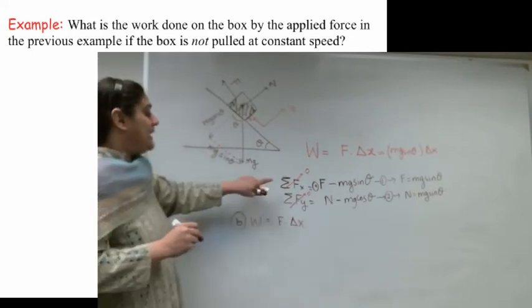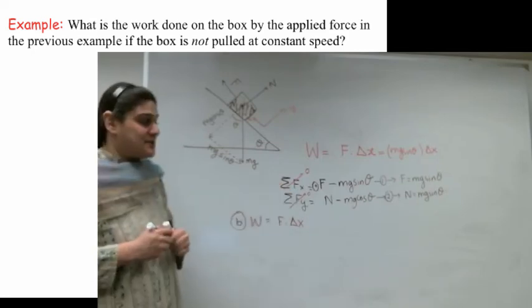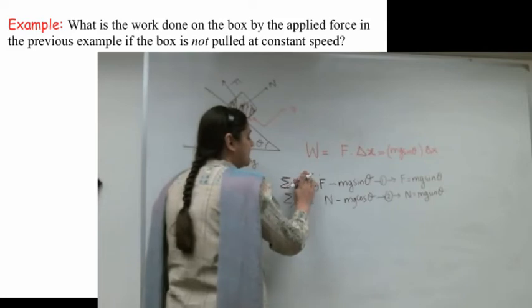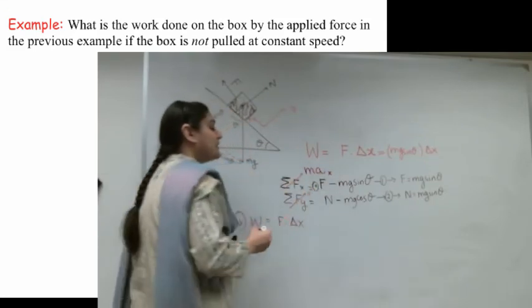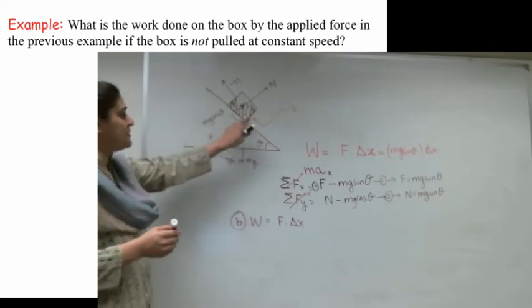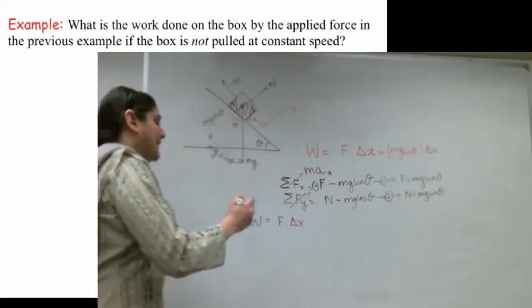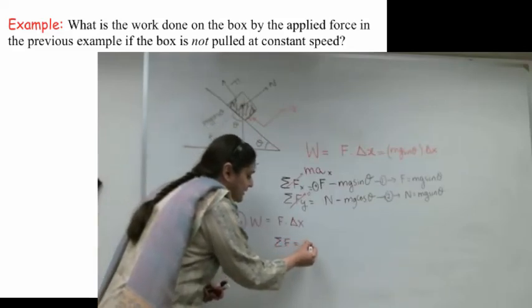However, my acceleration is there, so that means sigma Fx cannot be equal to 0 anymore. So for part B, instead of 0, I will have ma here, which is only along the x direction. Because of my chosen direction, it's going to go upwards, right? So my net force in this case, sigma F, will remain.